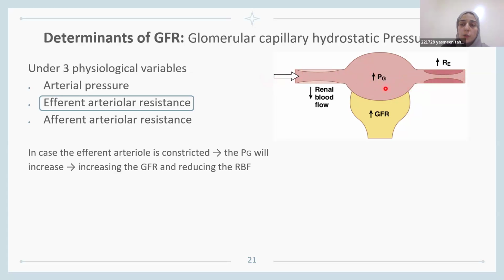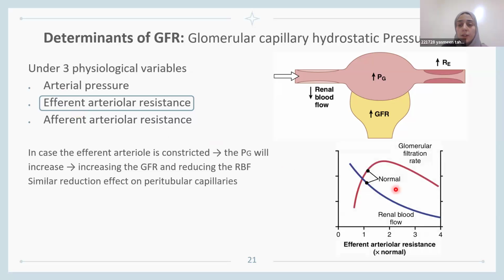And we know by now that the higher the hydrostatic pressure in the glomerular capillaries, the higher the GFR. So this is one of the ways that a kidney can increase the GFR, by increasing the hydrostatic pressure, by increasing the efferent arteriole resistance.